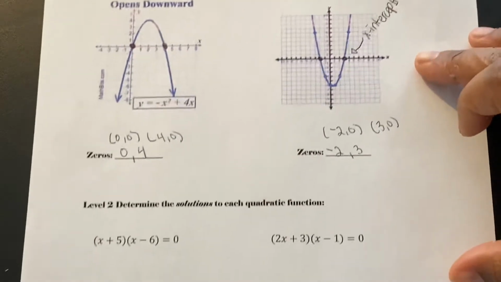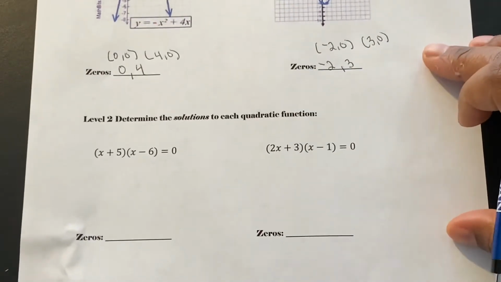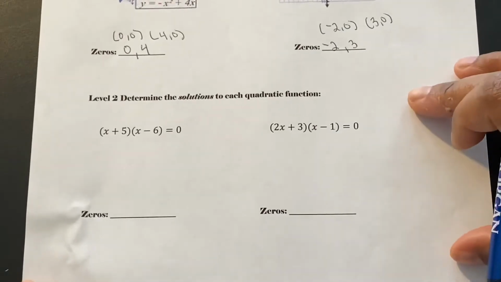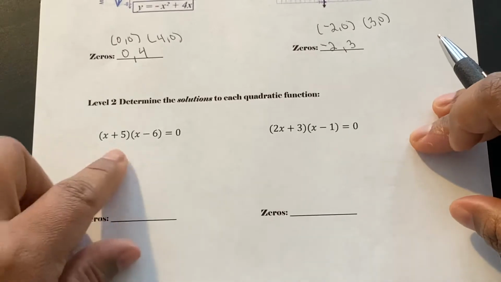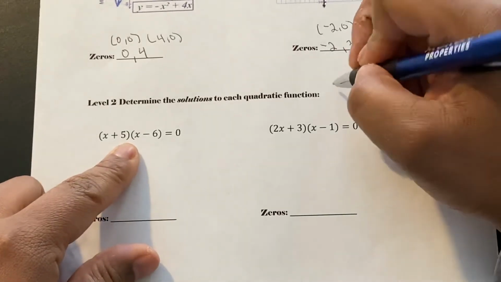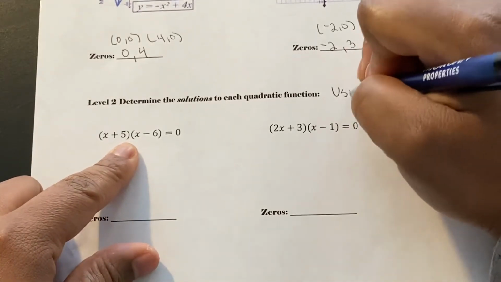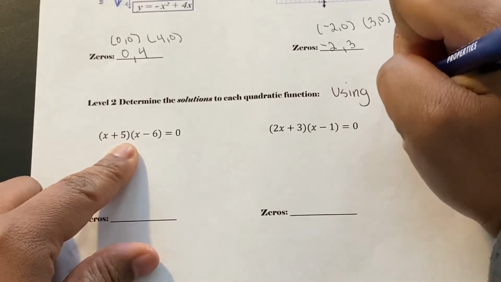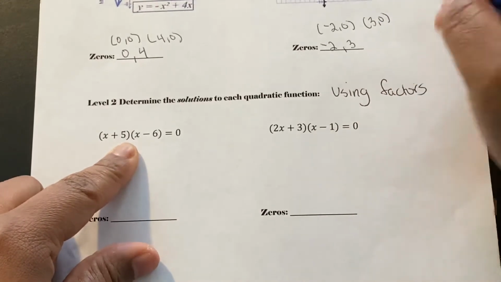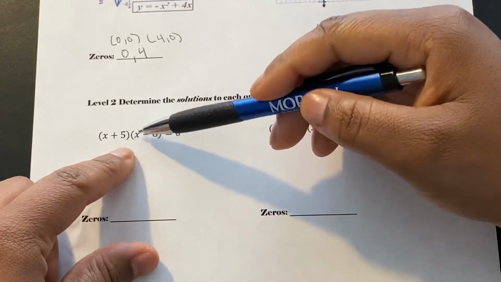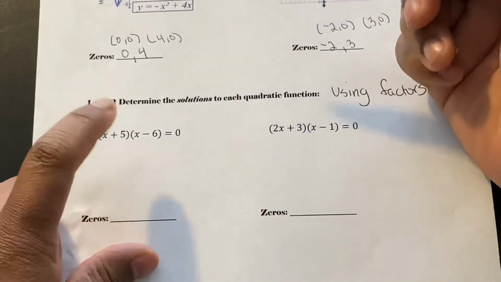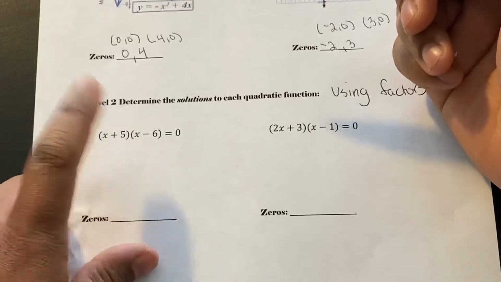Now, level 2, imagine if you have already factored a quadratic. So these would be the factors. So using the factors of a quadratic, the first one has factors x plus 5 and x minus 6 equals 0. This is a quadratic that's already been factored.